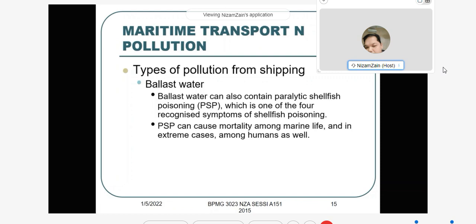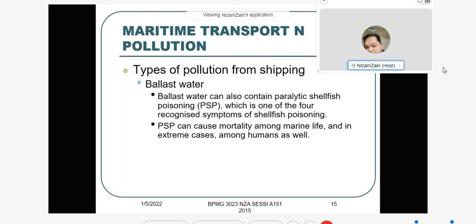Mortality means fatalities. Some cases of PSP can lead to fatal cases among humans, meaning that they can die eating shellfish that contain PSP, paralytic shellfish poisoning, right?